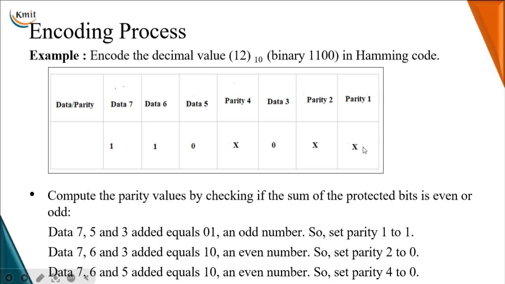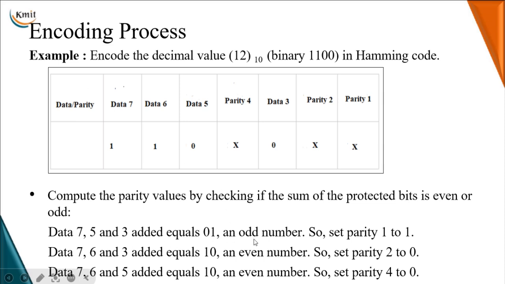Now we need to determine parity 1, parity 2, parity 4. We have denoted them with an unknown symbol, X. These values are unknown until we check your data bits, whether each data block has an even number of ones or not.